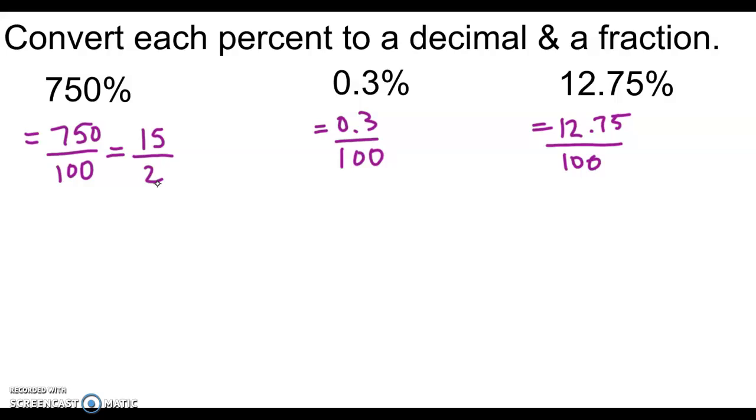That looks good. Let's talk about writing them as a decimal now, or doing this division. 15 divided by 2, you could get out your calculator, but I think you can probably do it in your head. If you want to divide 15 into 2 parts, we would get 7.5.